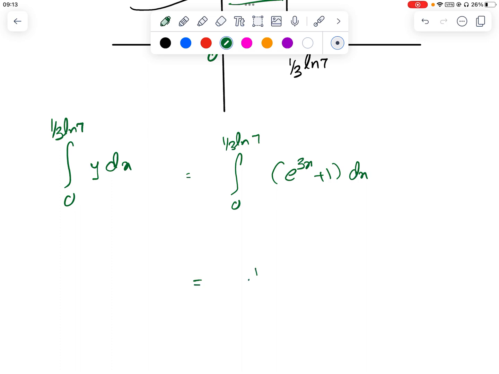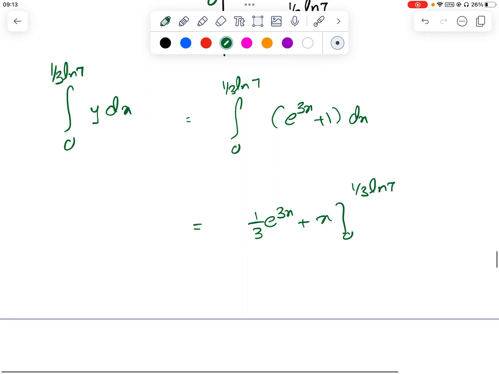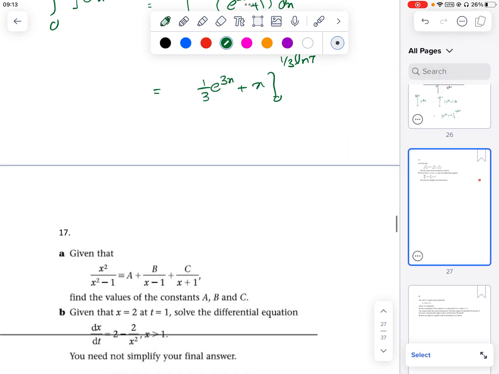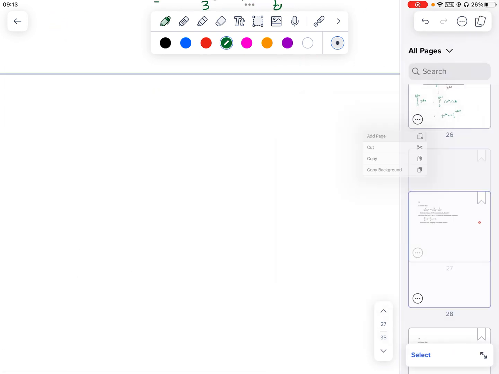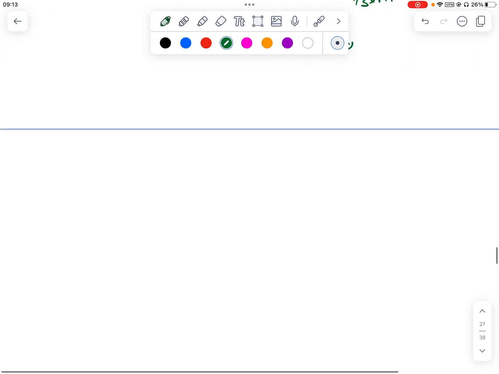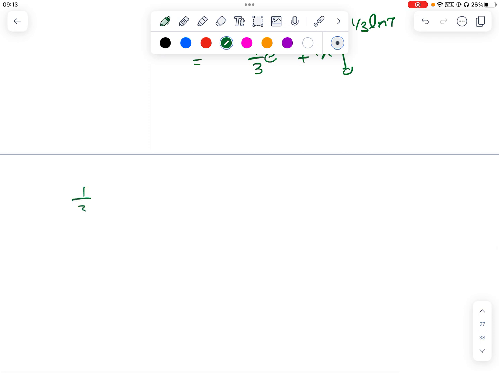So it becomes 1/3 e^(3x) + x from 0 to 1/3 ln 7. Now plug in the upper limit and the lower limit. 1/3 e^(ln 7) + 1/3 ln 7 minus 1/3 plus 0.